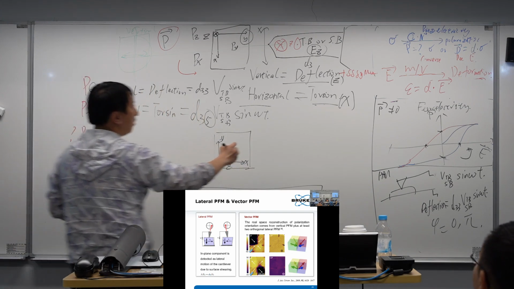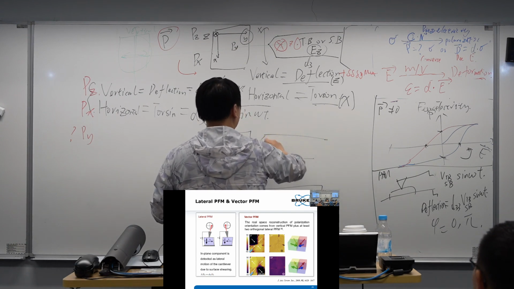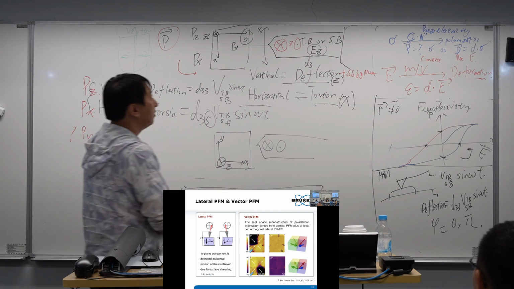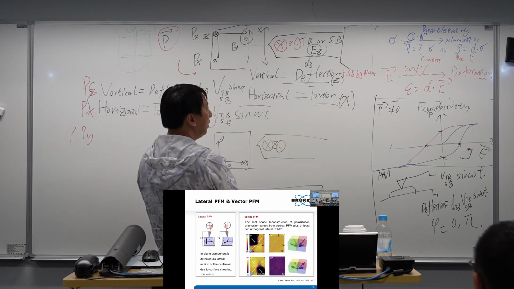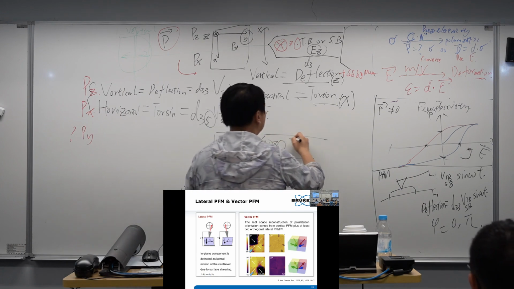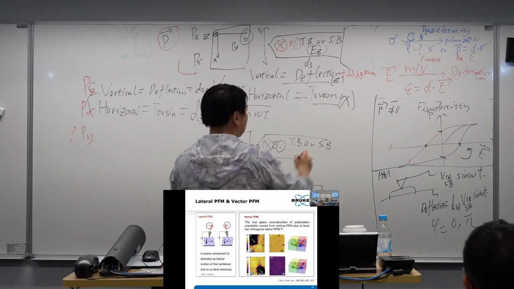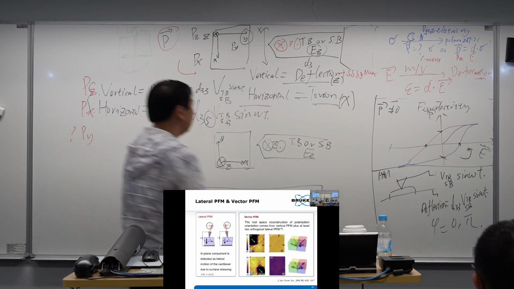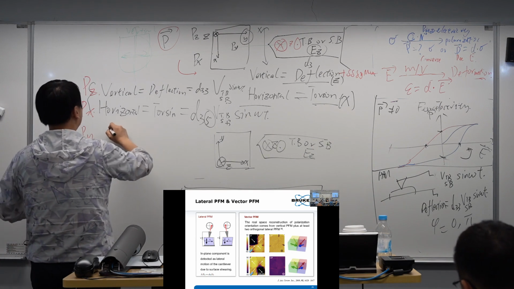So in these directions, it's the same. We apply the bias, we apply the voltage, or we apply the electric field in the Z direction. We apply tip bias or sample bias. So that's the EZ. Okay, under this, we will get the vertical.